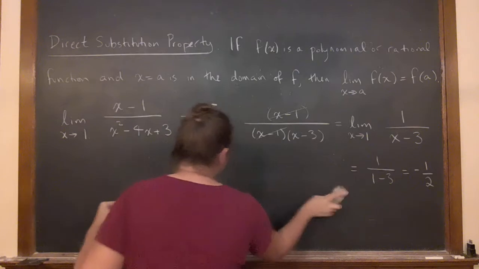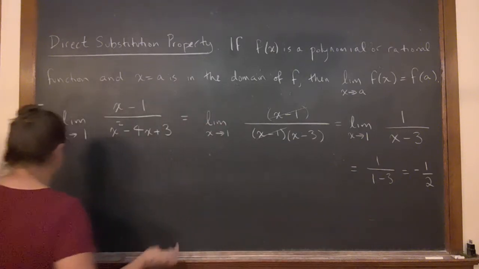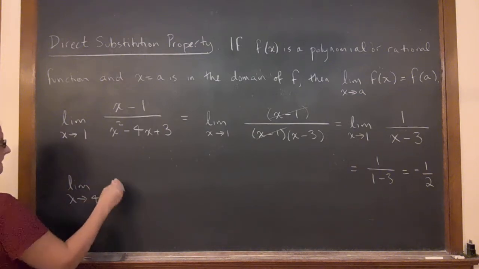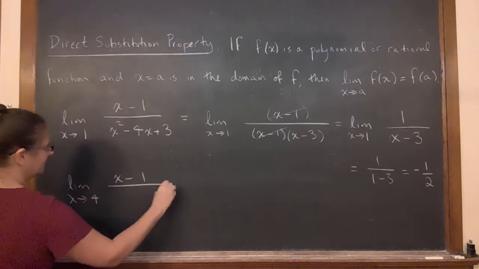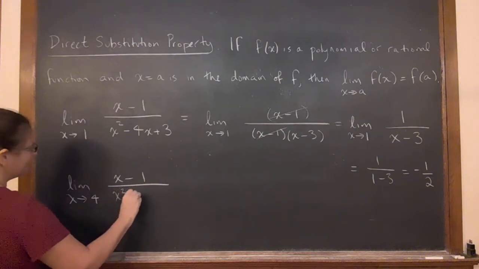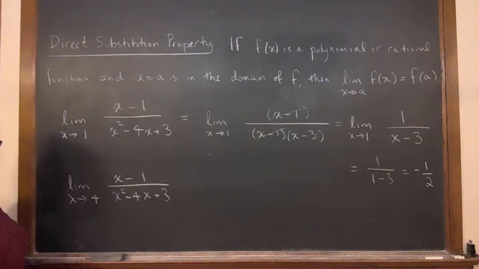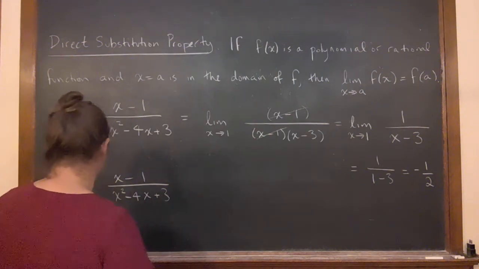You won't always have to do this. Let's say it asked me for the limit as x goes to 4 of this function. And I think we actually did look at that before, but I'm not 100% sure. It doesn't really matter.